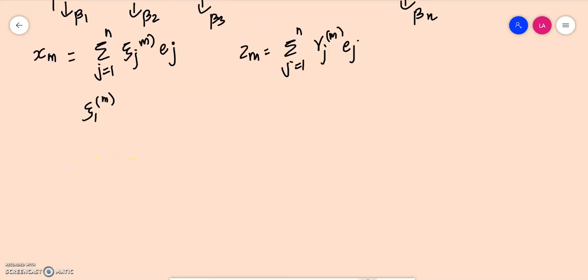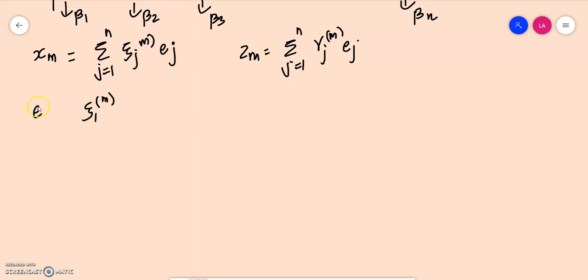As we have defined, consider the first sequence theta_1m, which corresponds to the coefficient of the first basis vector e_1.